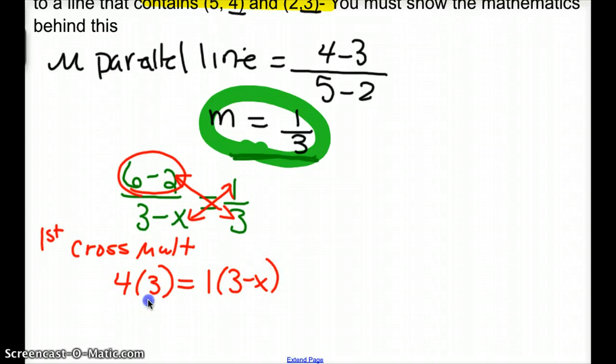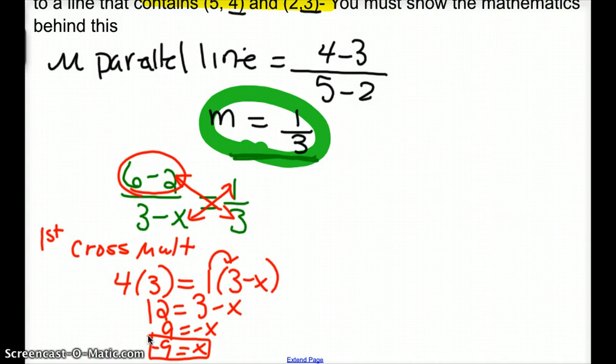So now I've got 12 equals, distribute 3 minus x, move your 3, 9 equals negative x, so x equals negative 9. So that's the first way you could have done it.